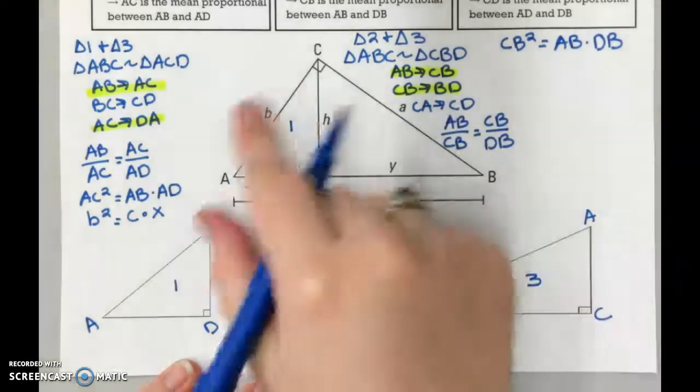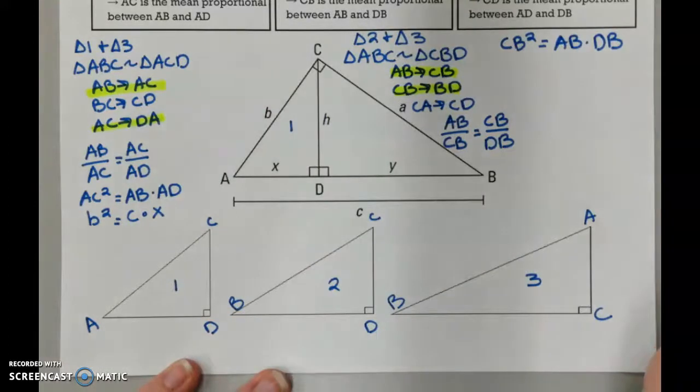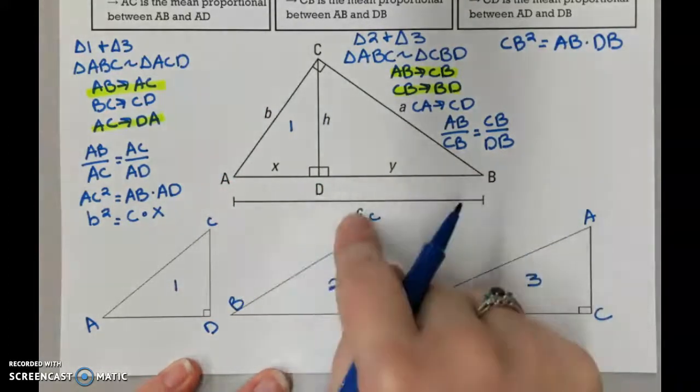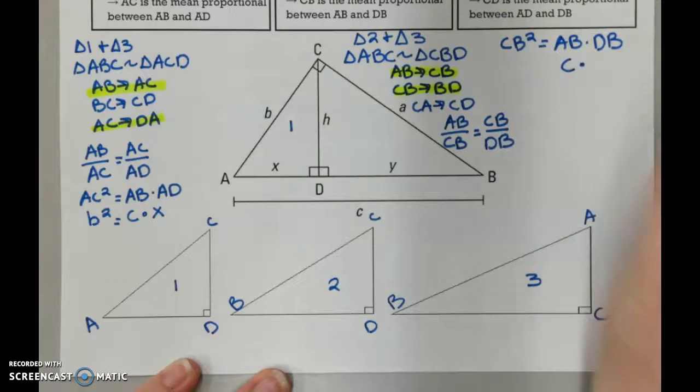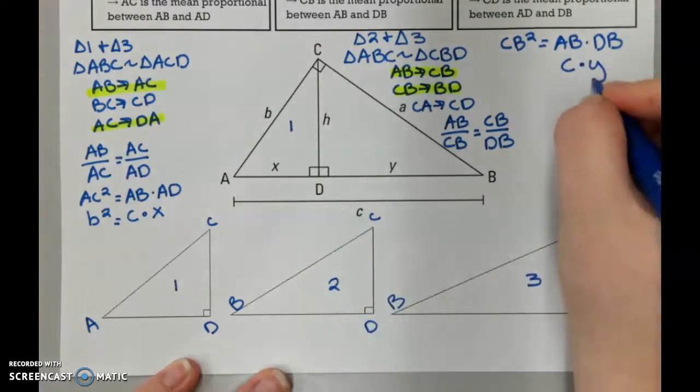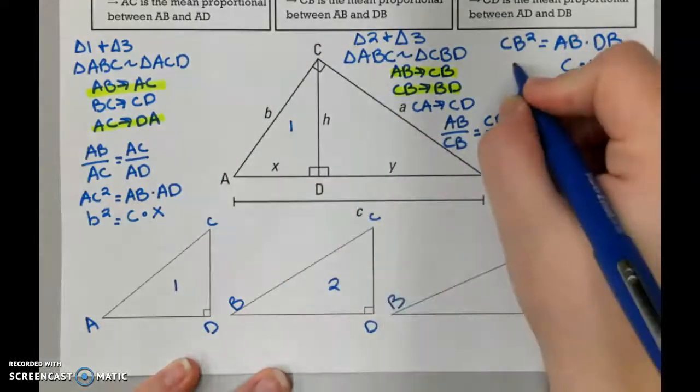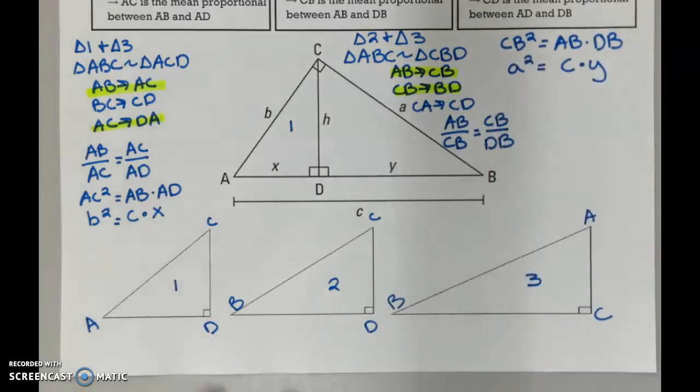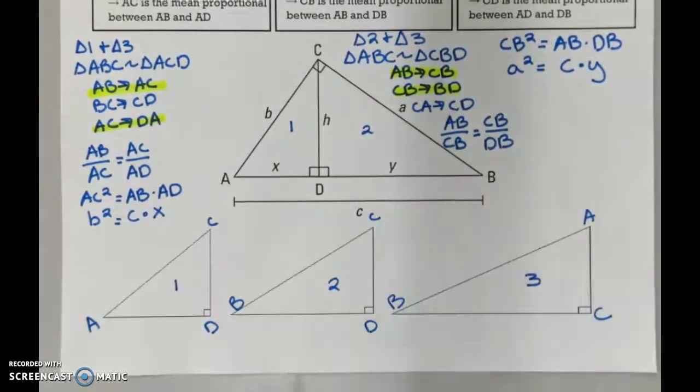Looking at my figure here, the segment AB is the length c, DB is the length y, and CB is a. So a squared is equal to c times y. And again, if I knew two of those lengths, I could find the missing one. So that was our second triangle, the one on the right.